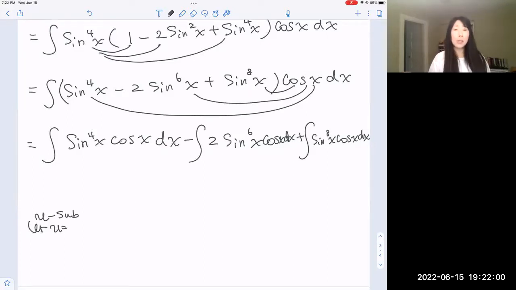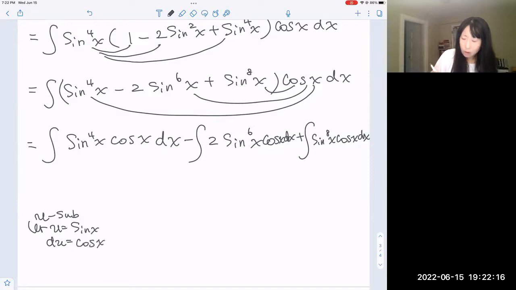What do you want to set up as a u? Let's do sine x. And the derivative of sine x, what do you get? Cosine x. Excellent. All right, then we have u to the fourth power du.